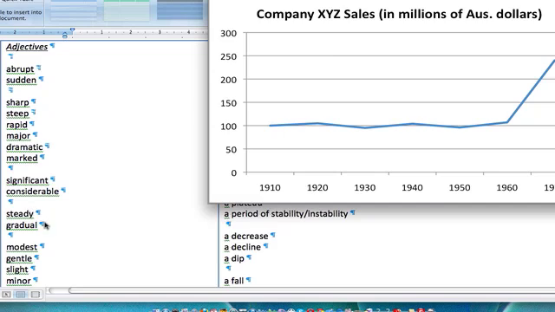Now next I've grouped steady and gradual. So here we would be describing a trend that is very consistent, so it's perhaps growing at the same pace or declining at the same pace.